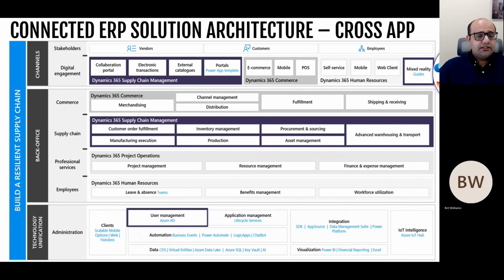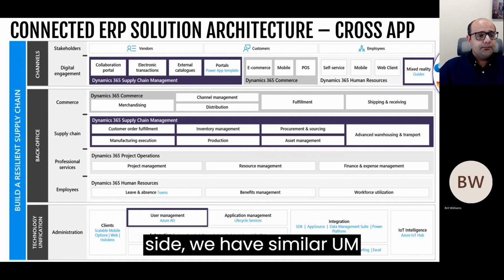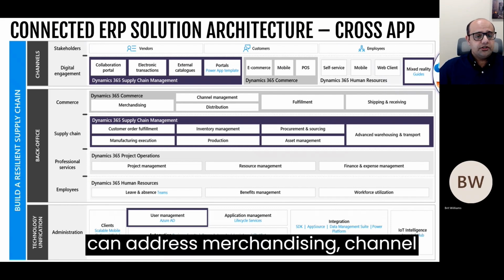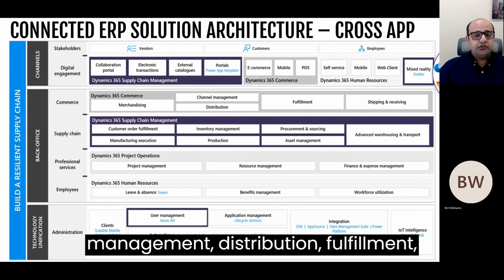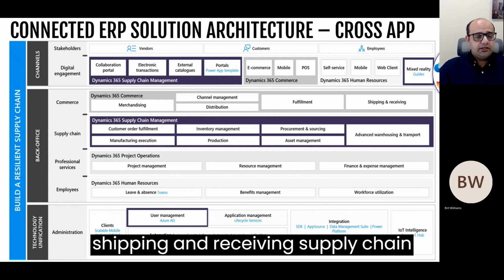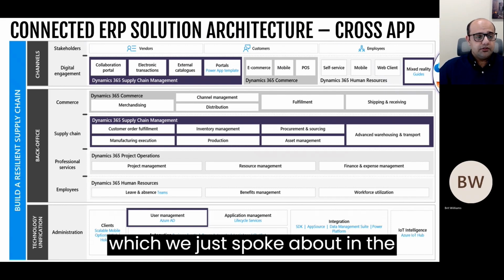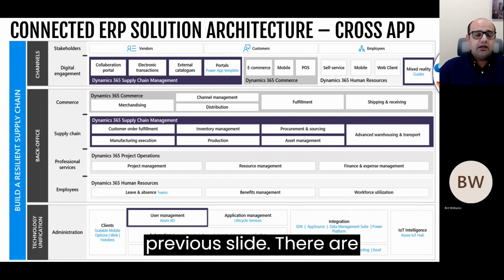On the back office side, we have a similar architecture. For commerce, you can address merchandising, channel management, distribution, fulfillment, shipping and receiving. On the supply chain side, you can address customer order fulfillment and manufacturing execution, which we just spoke about in the previous slide.